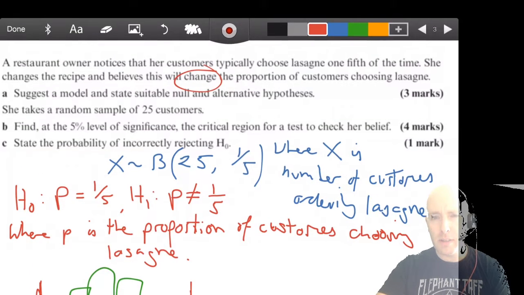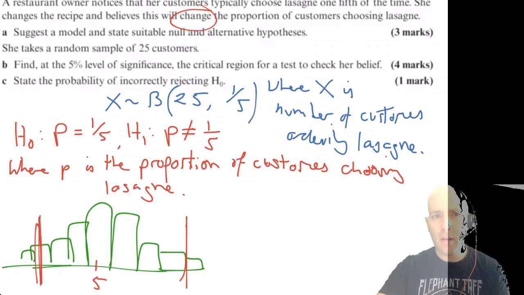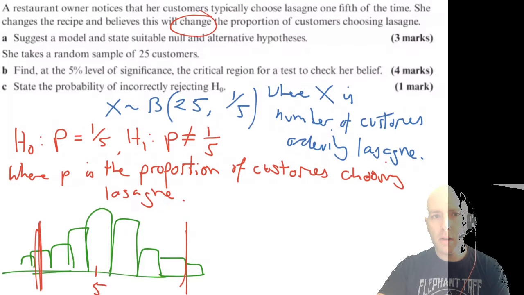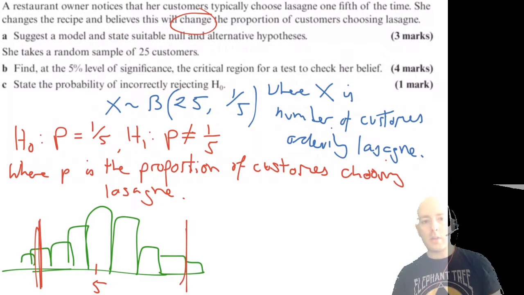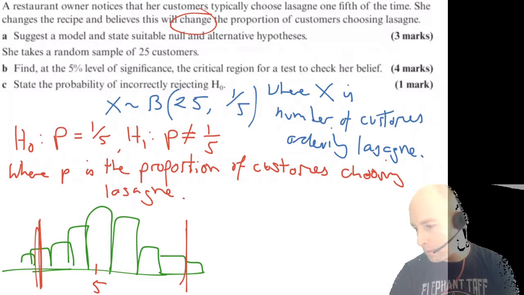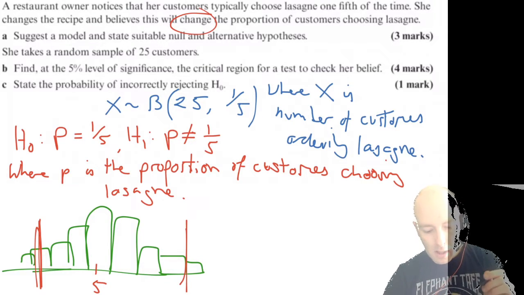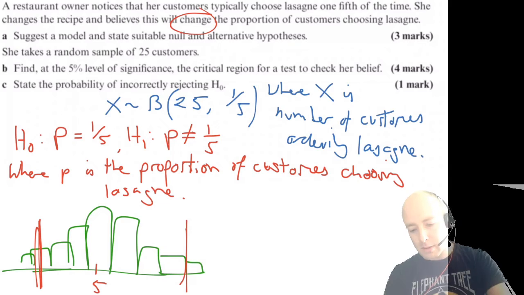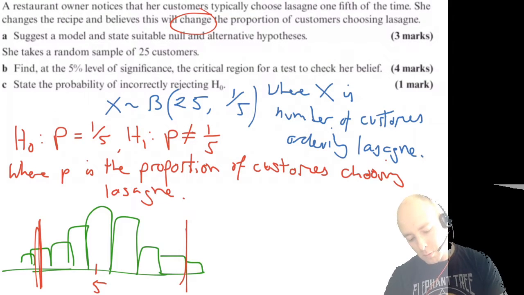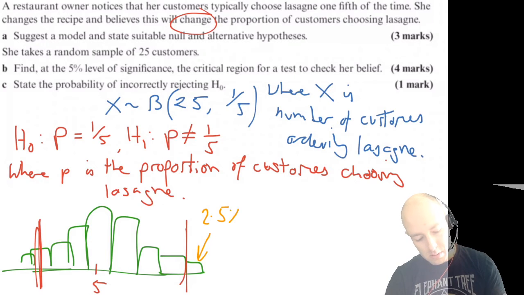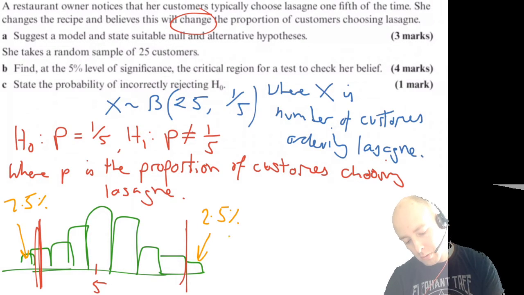So we're trying to find these two critical values, and when we do that, we're looking at the 5% level, so each of our tails is going to be 2.5%, or 0.025 for our probabilities.